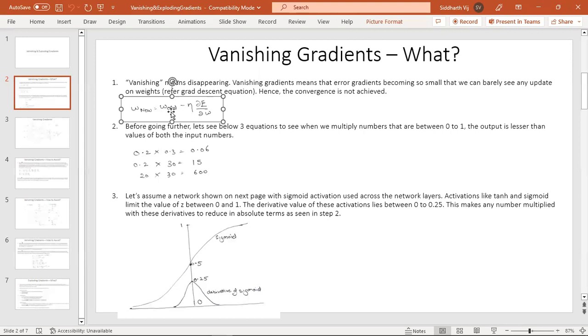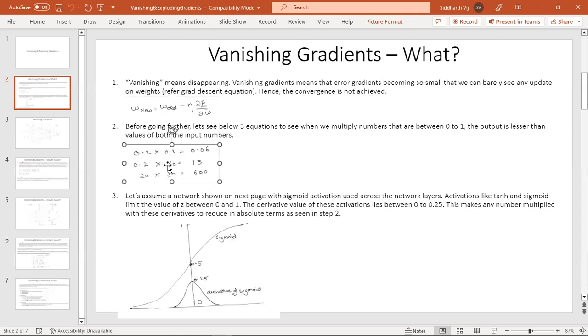That's because the updates on top of the weights are not even happening. It feels like the update is maybe 0.00000001. So that is equivalent to no update on the weight, which in turn causes no convergence or no global minima achieved. So let's see another equation below.